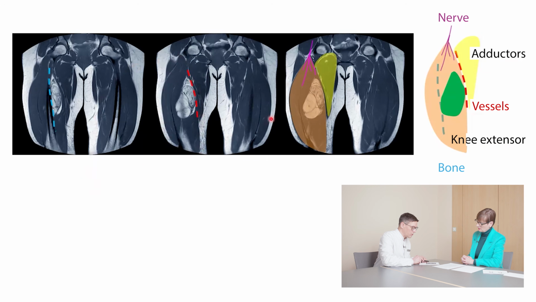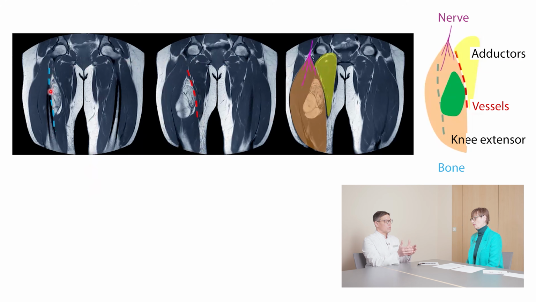You can see here, this triangle is actually the adductors. And you can see here that this tumor actually starts right next to the femur. And it's quite clear in this case it's also a structure where the quadriceps almost wraps around the femur. So these two compartments, if you want to put it that way, one that extends the knee and the other that pulls the knees together, the tumor is at least adjacent to them.